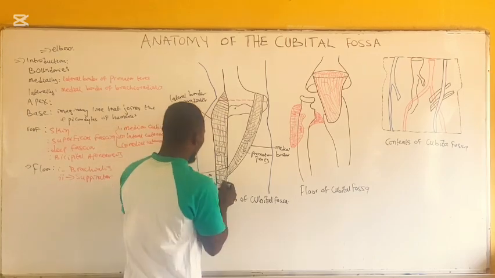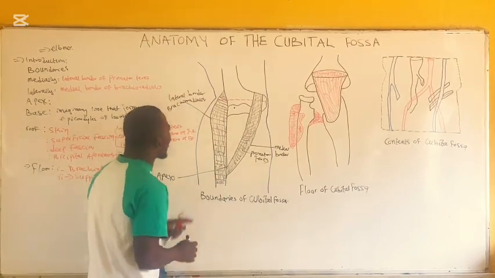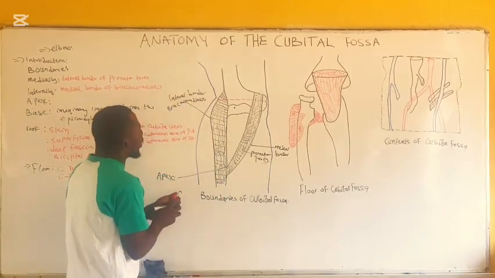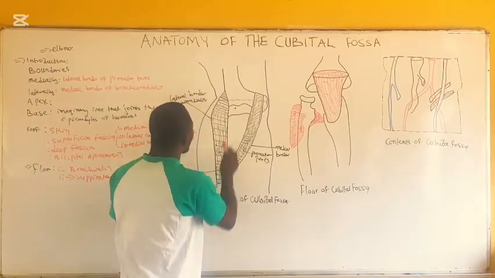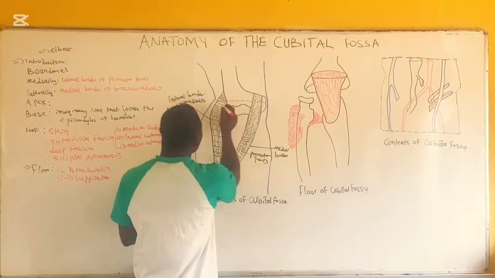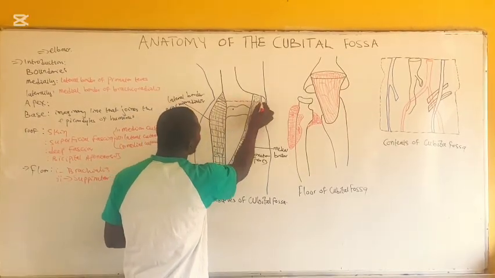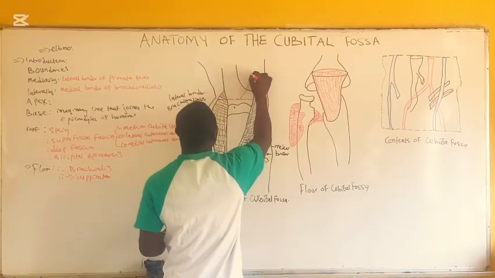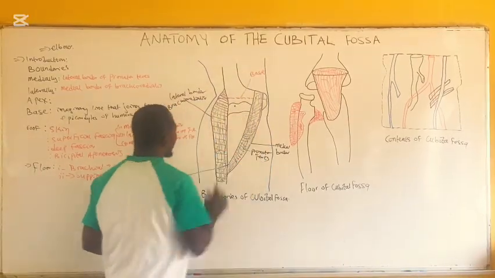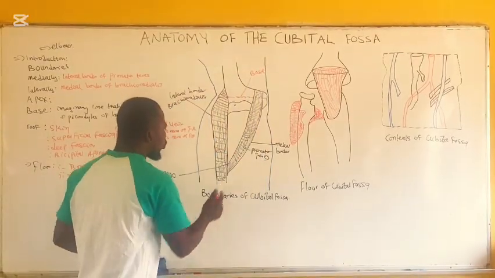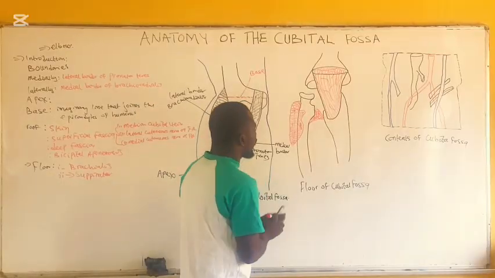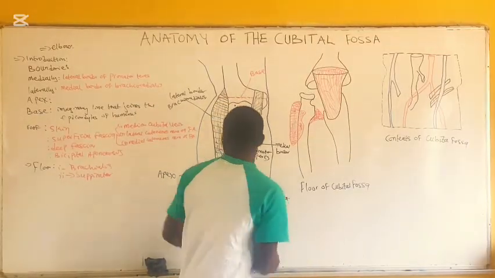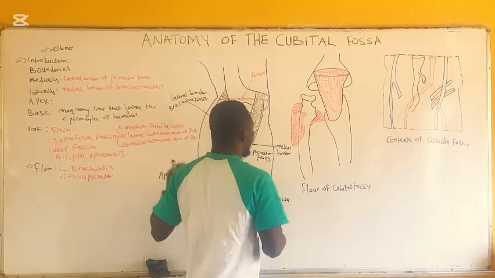Then the base is directed upward, and it is formed by the imaginary line that joins the two epicondyles of the humerus together. So this imaginary line is the base of the cubital fossa. Now, going to the floor, the floor of the cubital fossa is formed by the brachialis and the supinator.